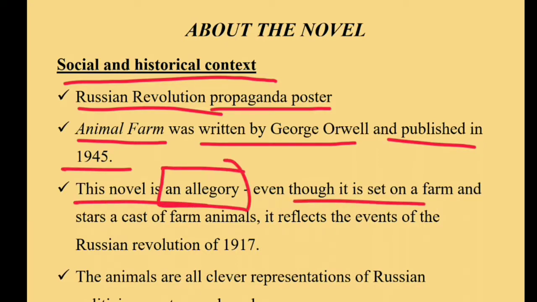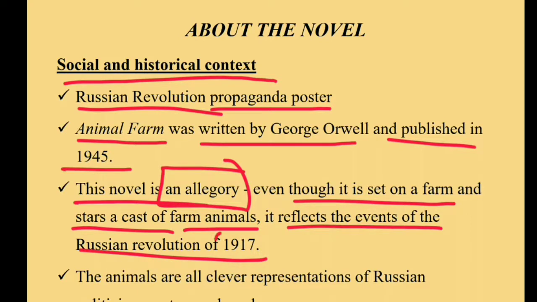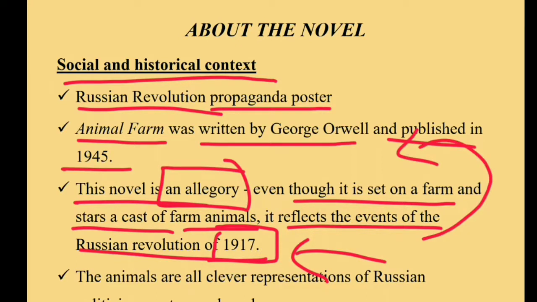Even though it is set on a farm and stars a cast of farm animals, it reflects the events of the Russian Revolution of 1917. Please keep this date in mind. 1917 is the date of Russian Revolution, and the same is reflected in this novel through Animal Farm.